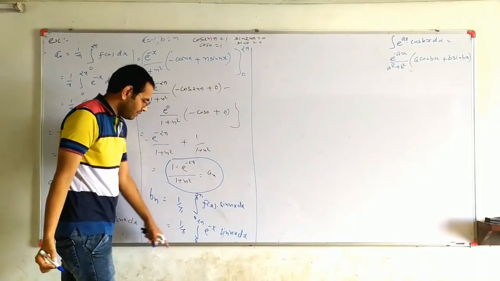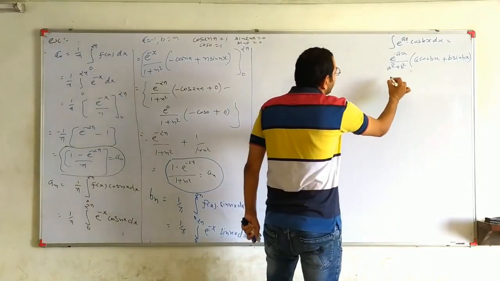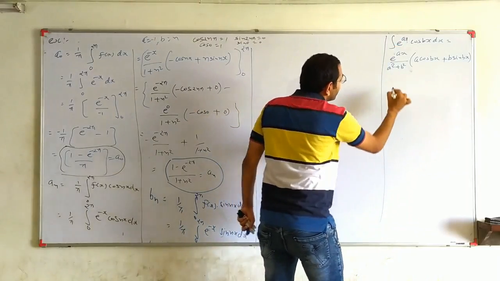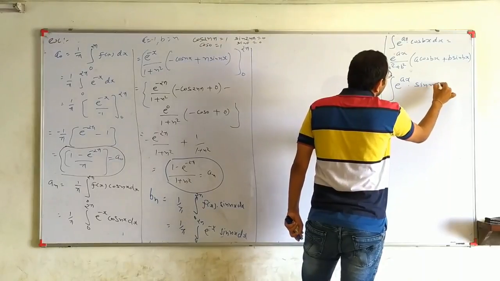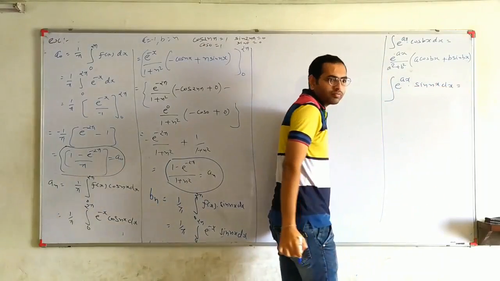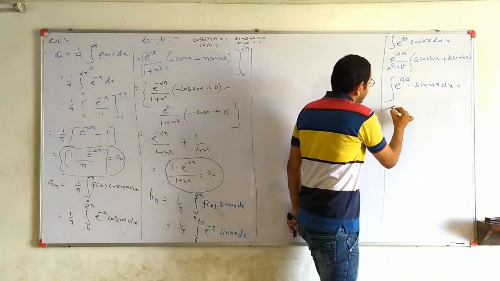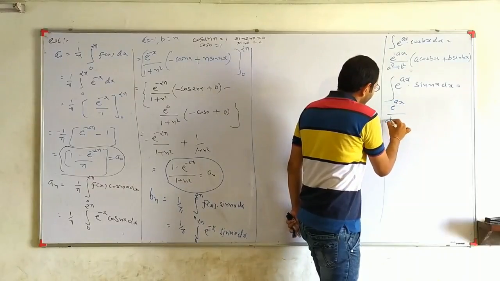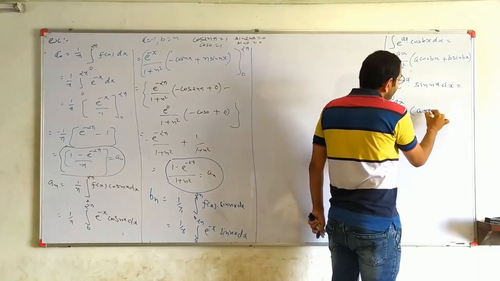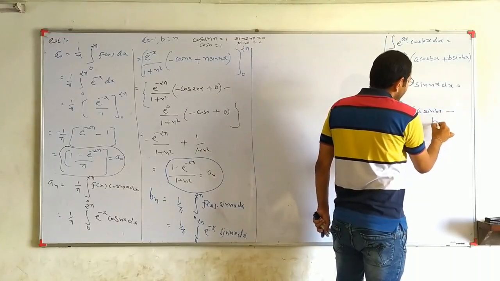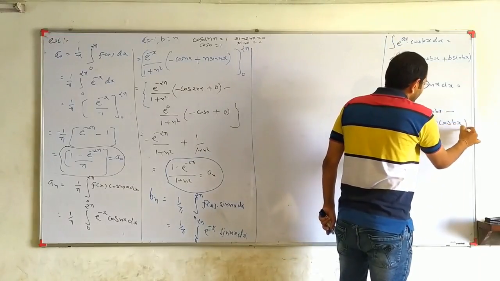Now similarly we have another formula: integral e raised to ax sin bx dx equals e raised to ax upon a square plus b square, times a sin bx minus b cos bx.